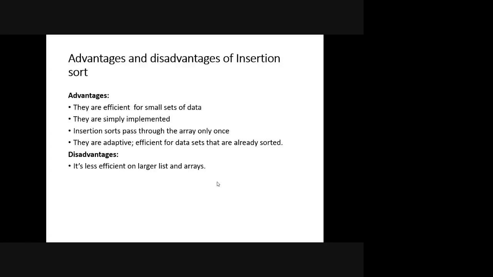And in your selection, it will select the minimum element, and then that minimum will be replaced with the first position, second position, etc. So this insertion, as I told you, is better than bubble and selection, but it works only for small data sets, and it is less efficient for larger lists of elements.